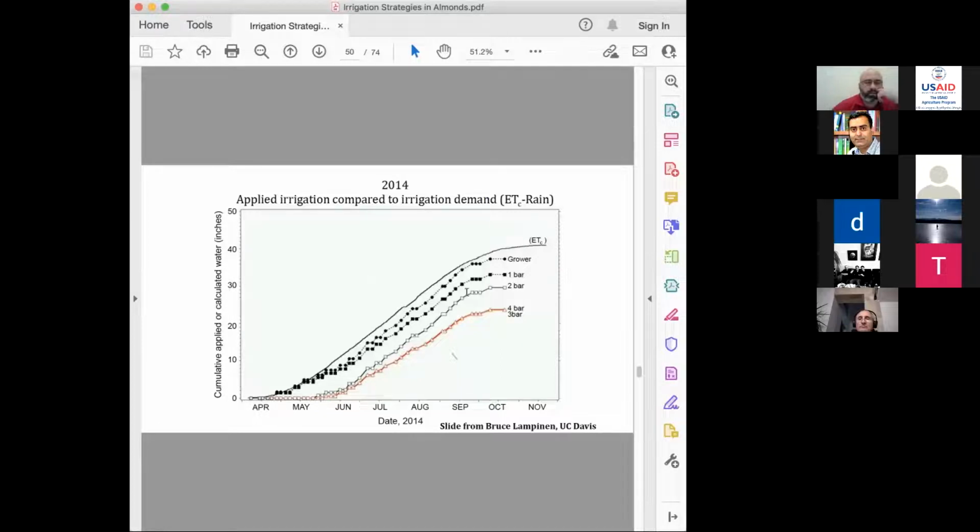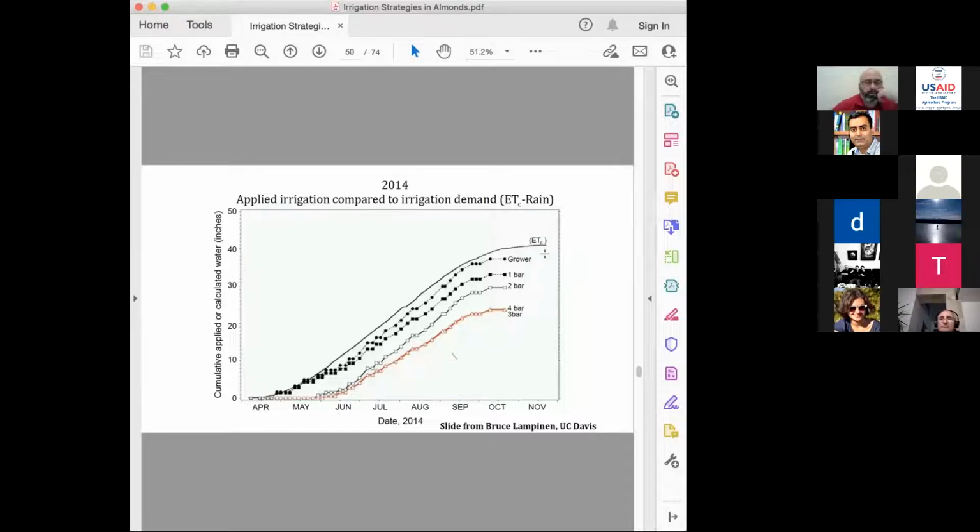So the evapotranspiration for this orchard in 2014 went to basically 40 inches, which is about 9 megaliters of water, about 8 or 9 megaliters.